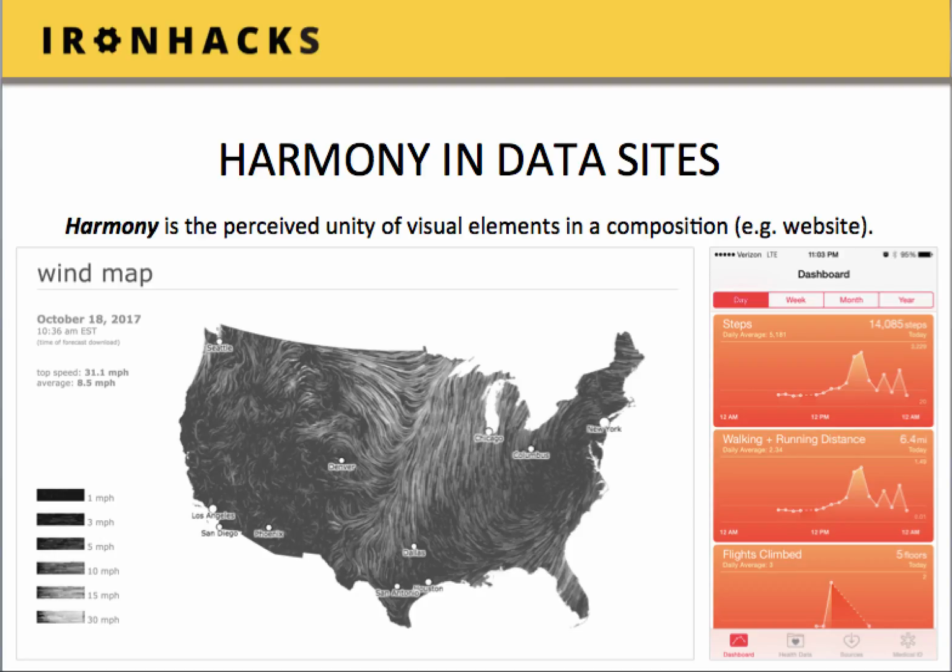So let's revise the principle of harmony. In both of these examples, it is the similarity in how the data points are represented that triggers the visual perception of repetition and constancy. Also, both of these examples carry the same colors across the entire composition.